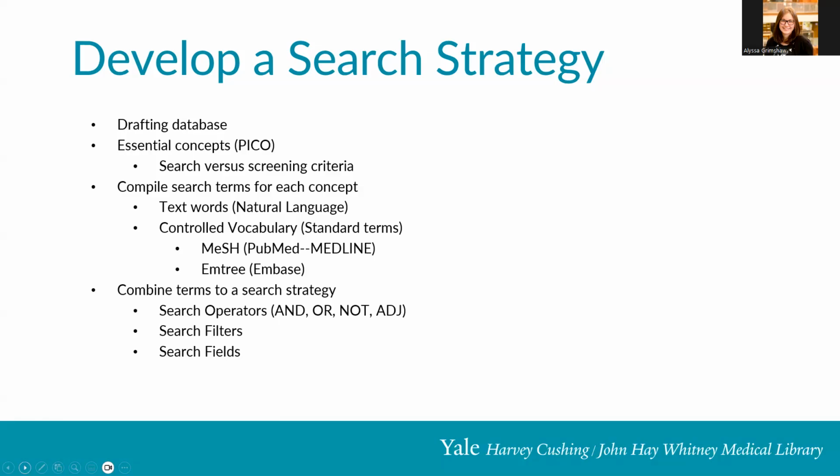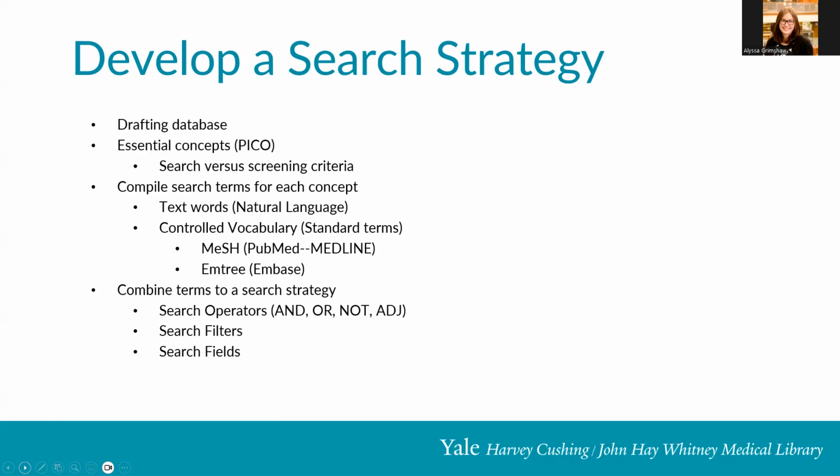Then you want to think about search filters and fields. Search filters, we actually don't recommend that you use the database filters when you're doing these types of searches, so use those very sparingly. Instead, I would recommend that you look up different validated hedges for systematic reviews.